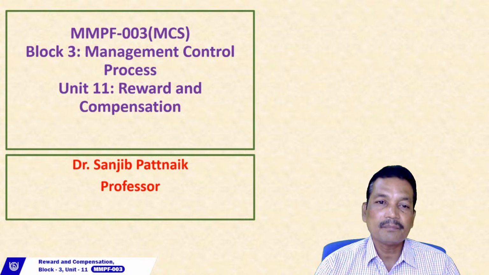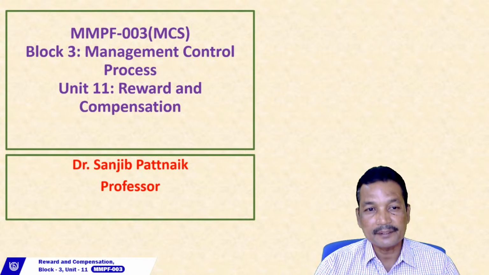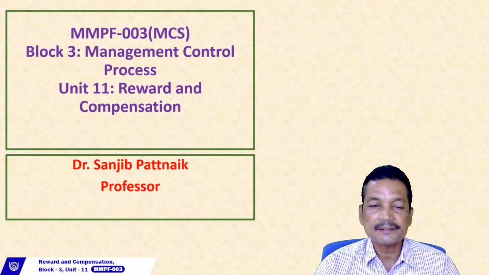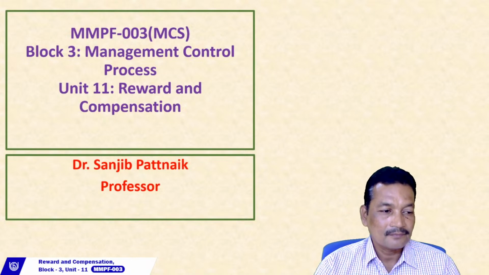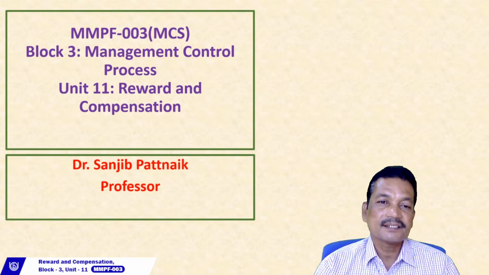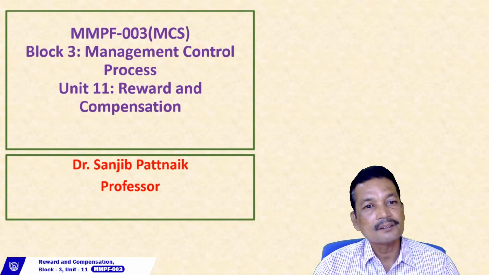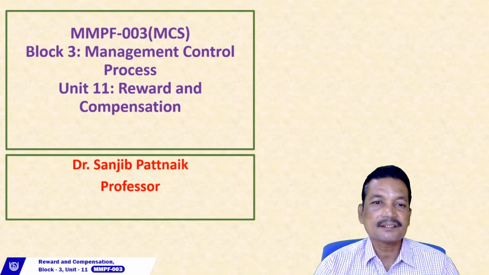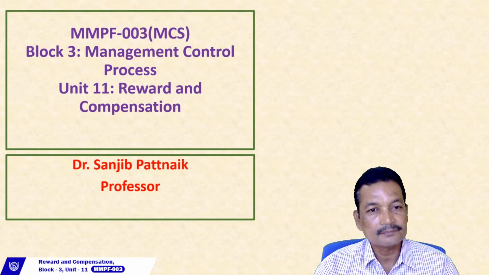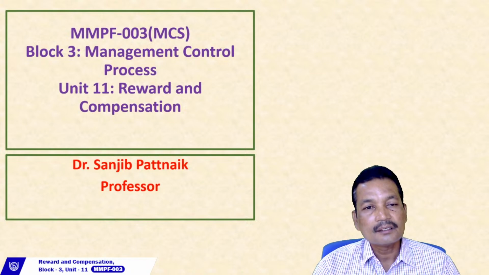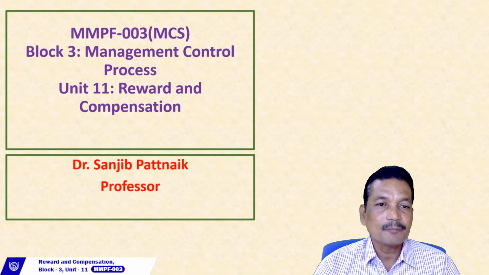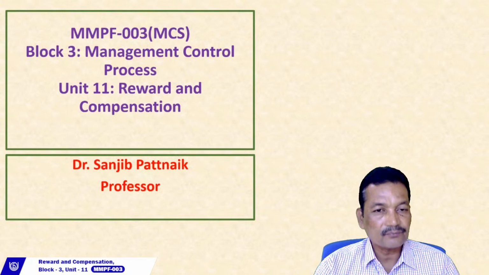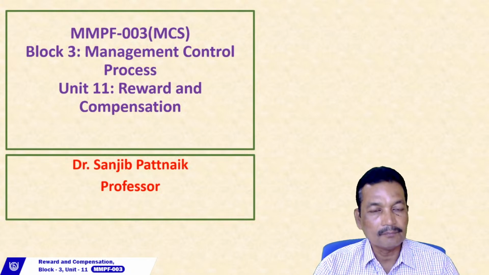There may be some kind of punishment. We will see in the unit, there may be, because nobody wants punishment at a stage when somebody is working in the organization. Apart from that, if the person is working better than whatever is required, that means we can say the person's productivity is better, or the person's achievement towards the organization's requirement is better, for which the person is rewarded either in monetary form or in non-monetary form.